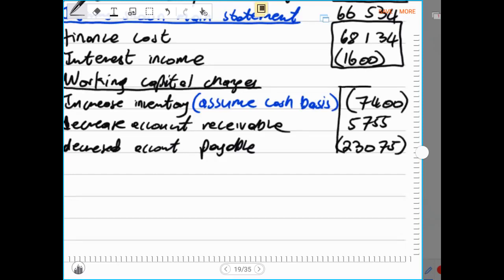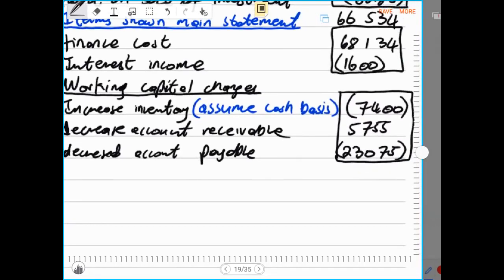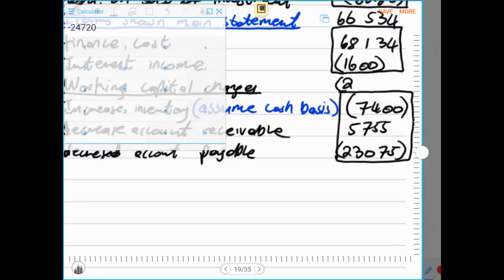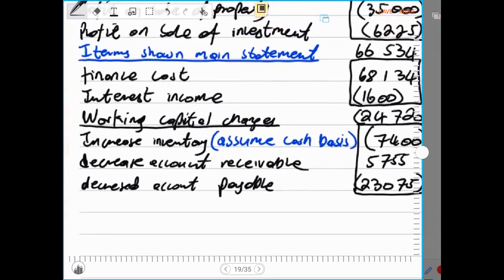After, we can immediately calculate the total of the working capital changes, which is negative 7,400 for inventory, plus 5,755, minus 23,075, and this will give us 24,720, which is negative. Take note of that. 24,720 is the net of our working capital changes.